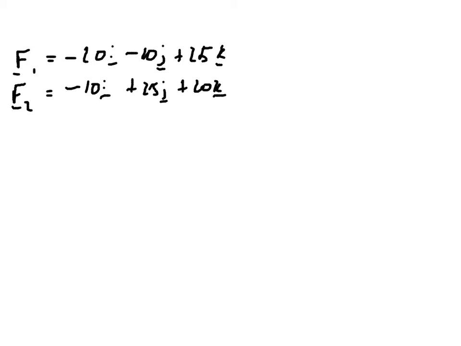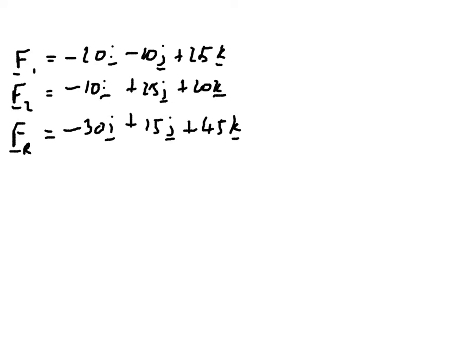So the resultant force is just what we've been doing previously, adding up the two Cartesian vectors. So minus 20 minus 10 becomes minus 30i, minus 10 plus 25 becomes 15j, and 25 plus 20 equals 45k.